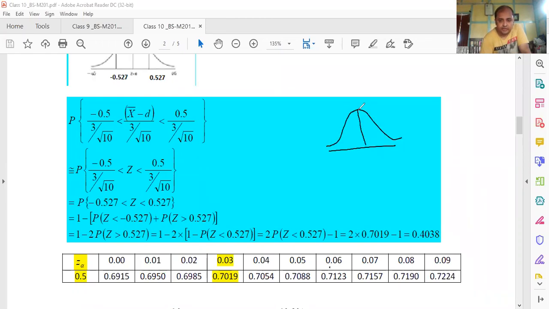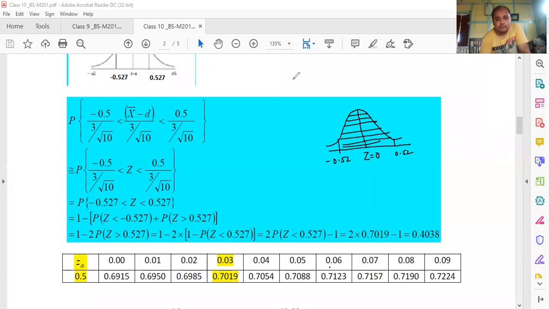So this is your z equal to 0, and that is your minus 0.52, and suppose this is your plus 0.52. We are interested in finding the area of this portion. How can we find the area of this portion? Look at this.